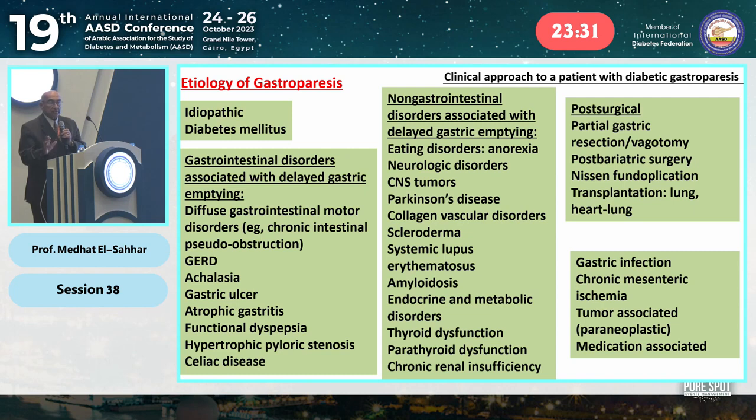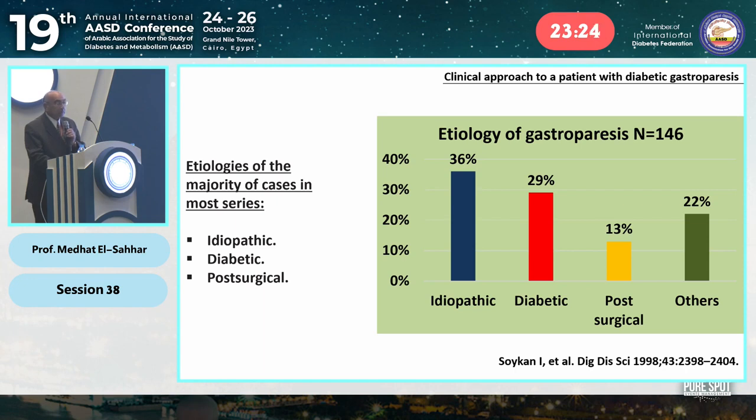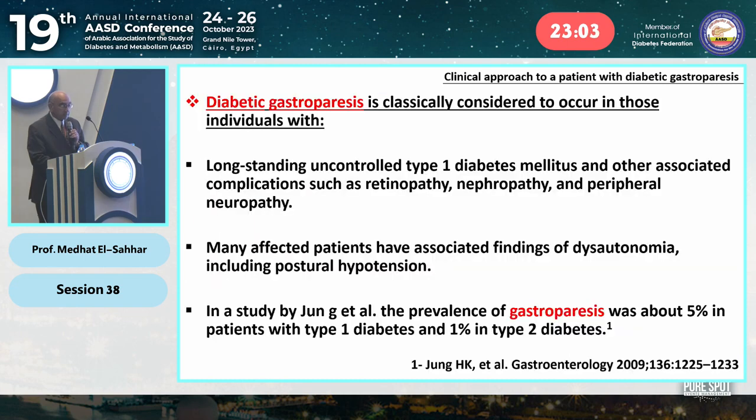Many etiologies lead to this, either GIT problems or non-GIT problems. However, in all the series, the most important 3 causes are idiopathic, diabetic, and post-surgical. About 1/3 of the patients coming to our clinic with manifestations of gastroparesis will have diabetes.